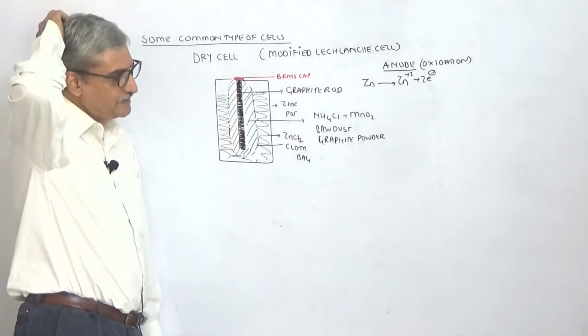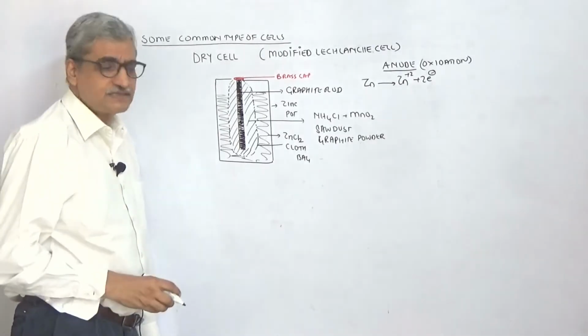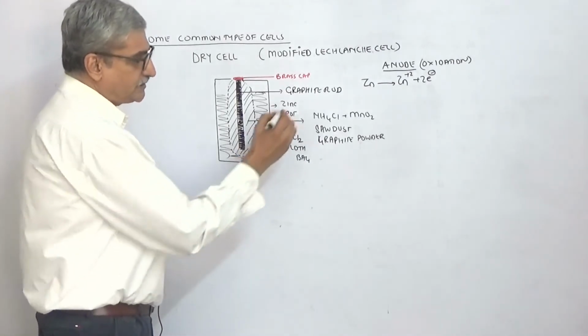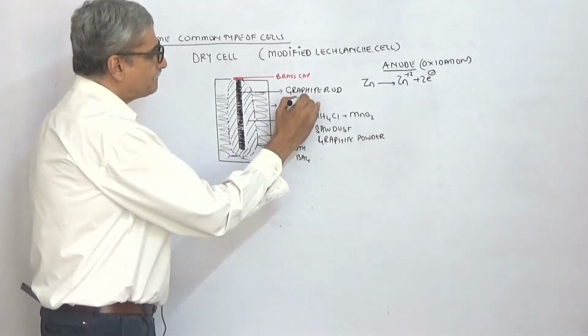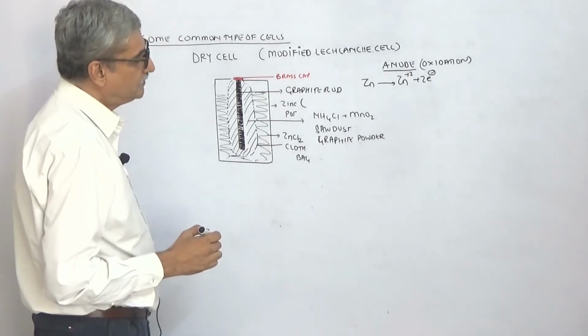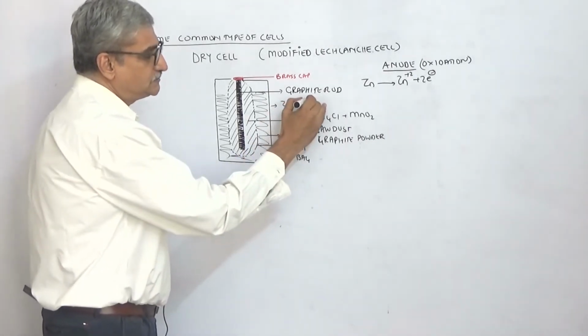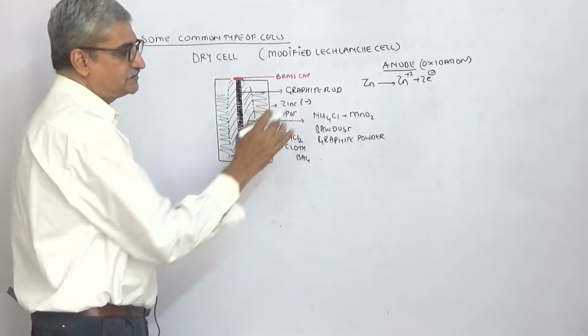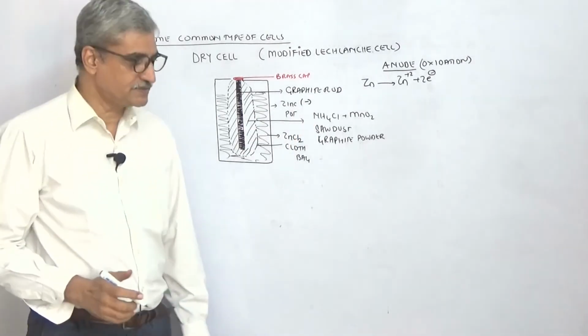Is this clear? So this zinc pot will have the negative charge.